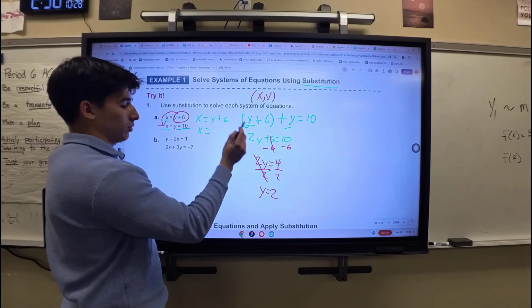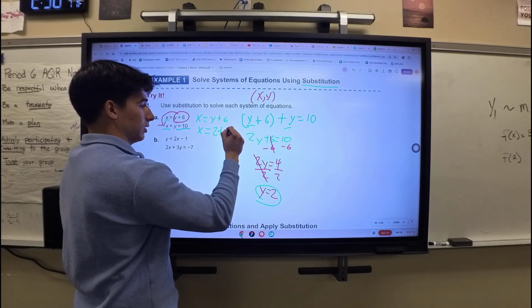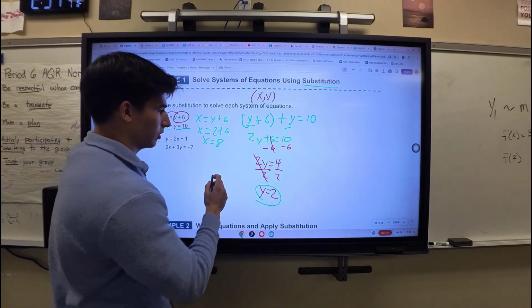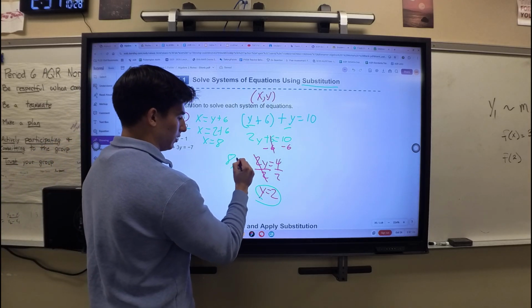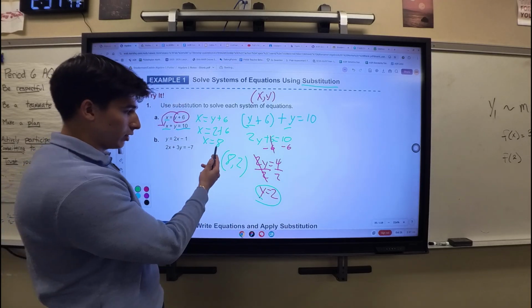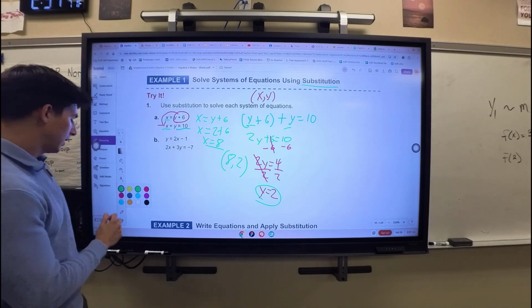So x equals, we said y is 2, so 2 plus 6, x equals 8. So for problem 1, our solution is 8 comma 2. We took our 8 from here and our 2 from here, and we made it a coordinate point.